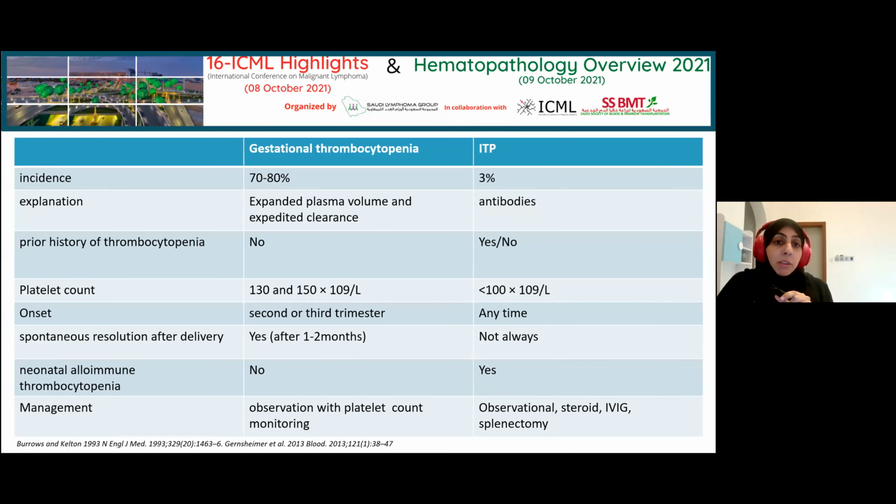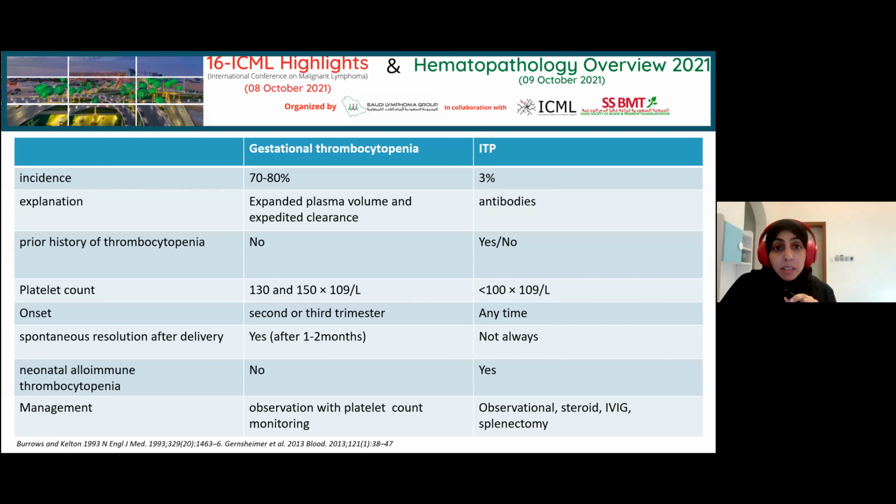So coming to thrombocytopenia, if the lady comes with only isolated thrombocytopenia without any other symptoms, then the two differential diagnoses are either gestational thrombocytopenia or ITP. Sometimes it's difficult to differentiate between the two conditions, but these are factors that could help in differentiating them.